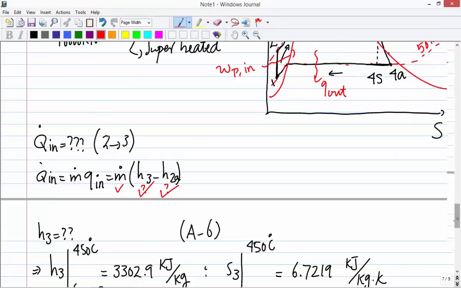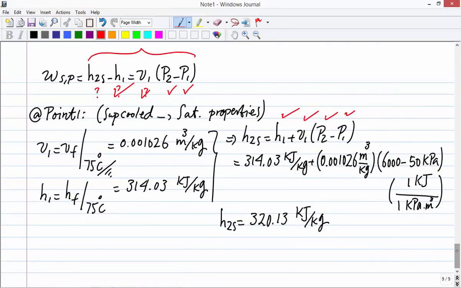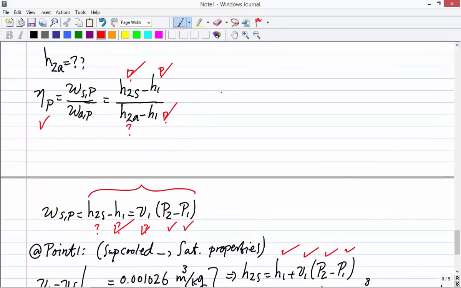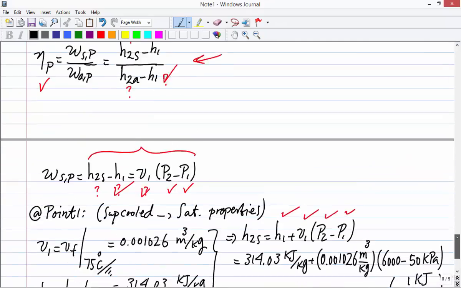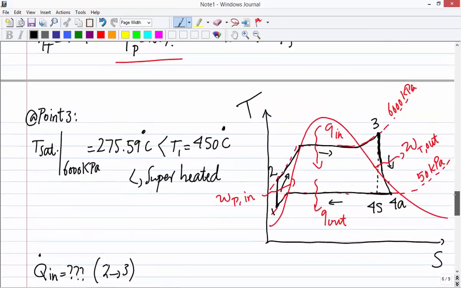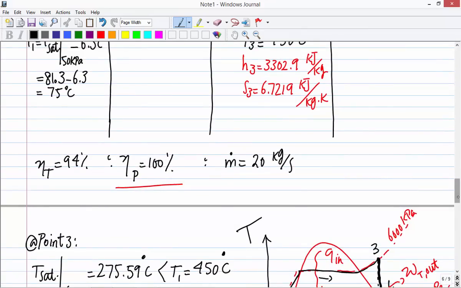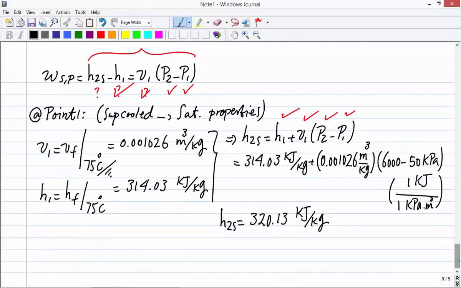That's easy. So I need to go to this equation and say, okay, what is the efficiency for the pump? Hello, where are you? Here. 100%. Wow, such a good pump. So this is 1.